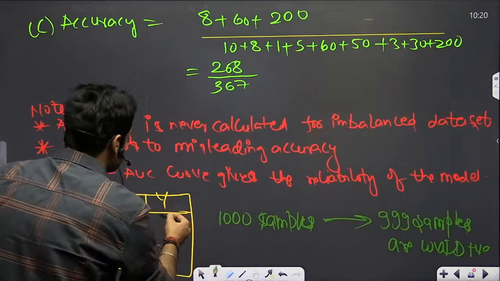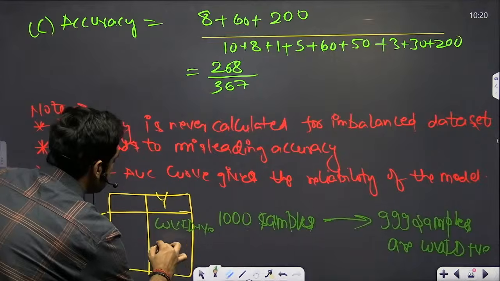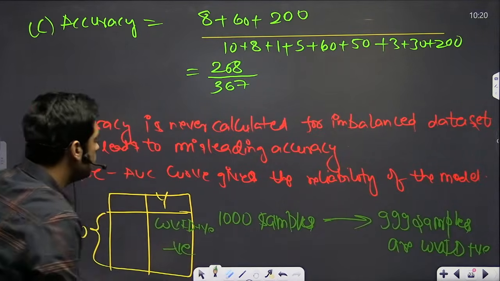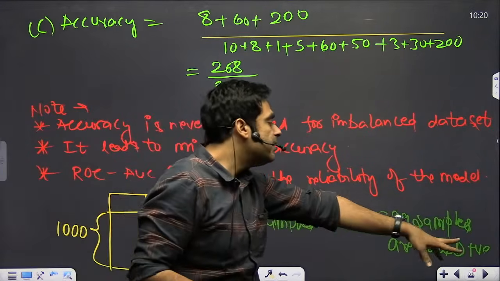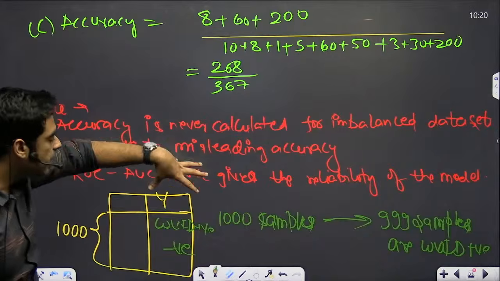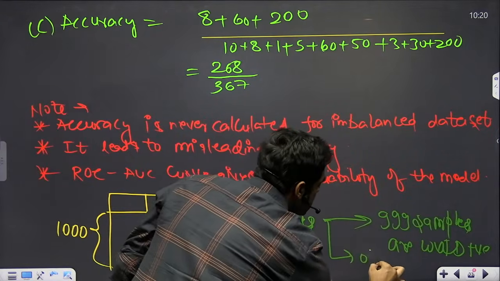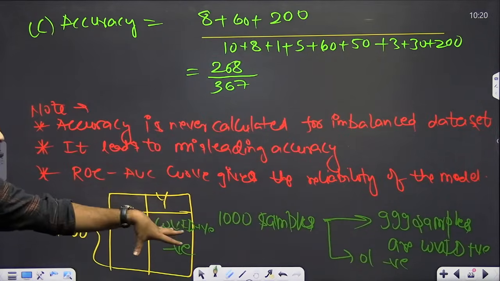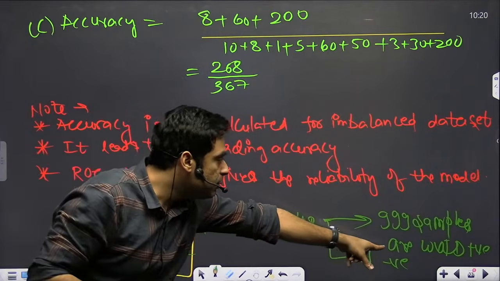I have two classes: the first class is COVID positive and the next class is COVID negative. While training, I have a total of 999 samples as COVID positive, and only a single sample that is COVID negative. Don't you think the model would be more biased towards COVID positive samples?